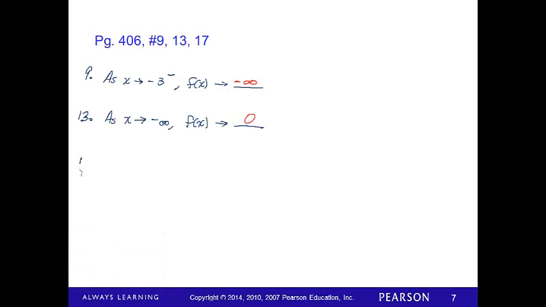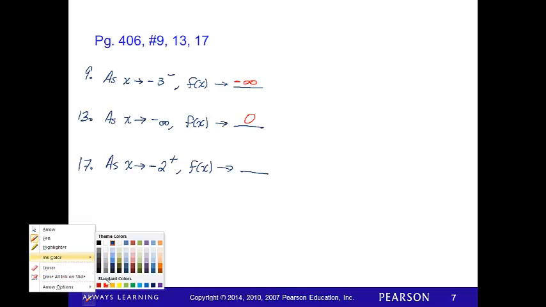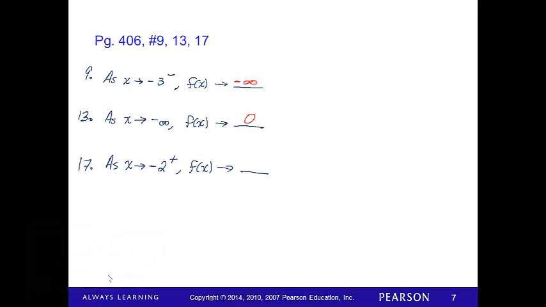All right, one more. Let's look at number 17. Different figure, but same instruction. So it says, as x approaches -2 from the right, f of x approaches blank. So let's find -2 on your x-axis.